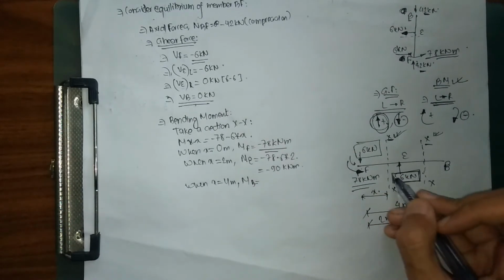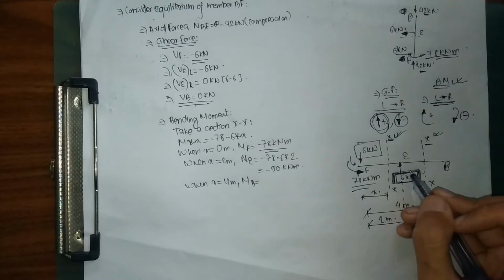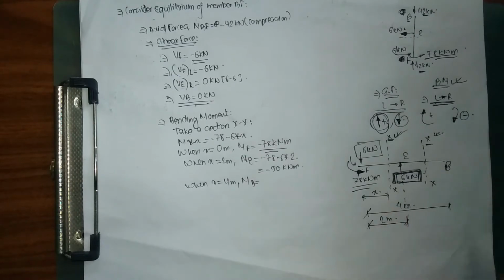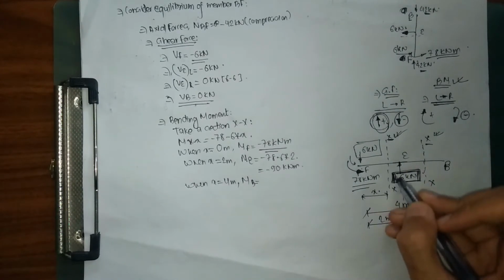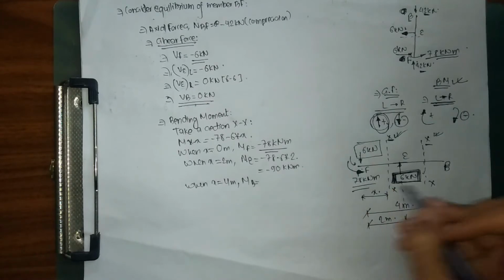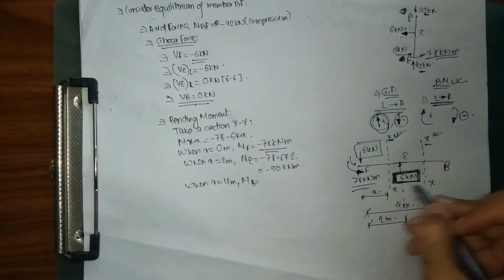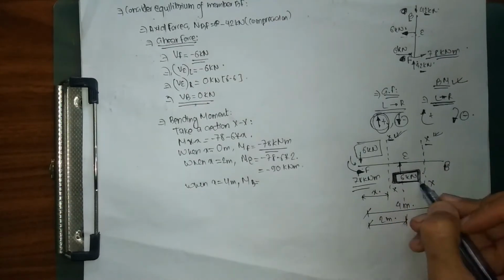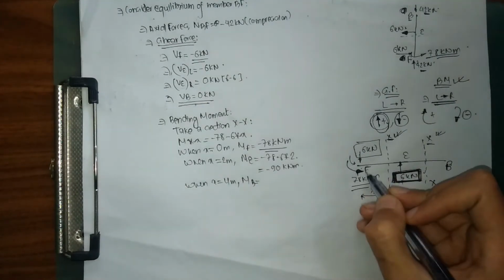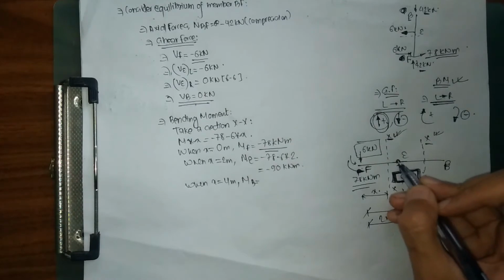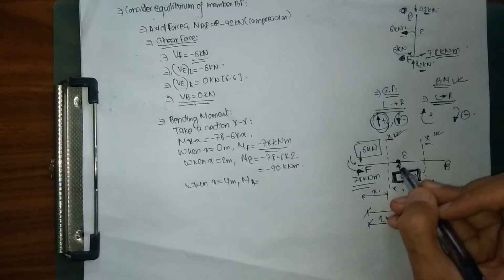But this 6 kN is not going to produce any sort of moment at F, and for the point E as well, there is not going to be any effect of 6 kN.